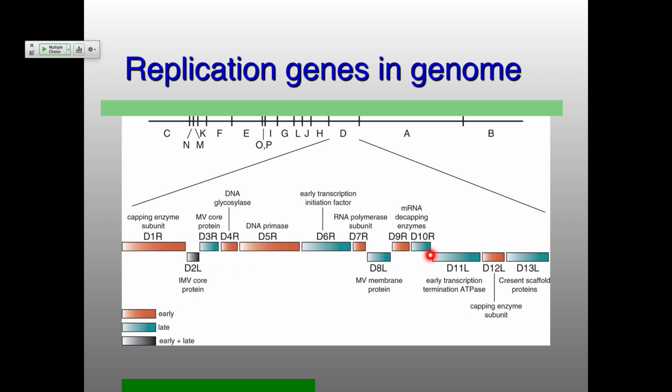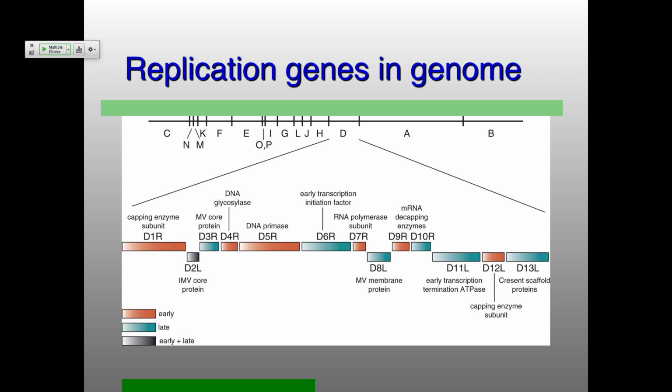So these guys are all mixed in with each other. So there's no obvious part of the genome that is early and another that is late. This is a complete hodgepodge of different things. And as we'll see, the way that works is because they're regulated at a transcriptional level by different transcriptional regulators. So they'll have early transcriptional regulators, late transcriptional regulators, etc.